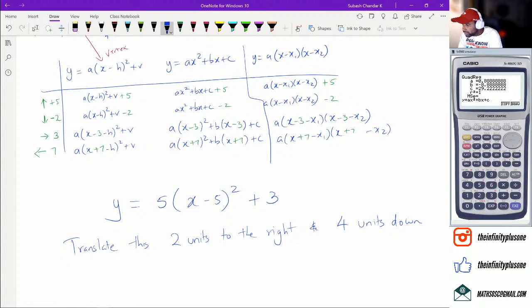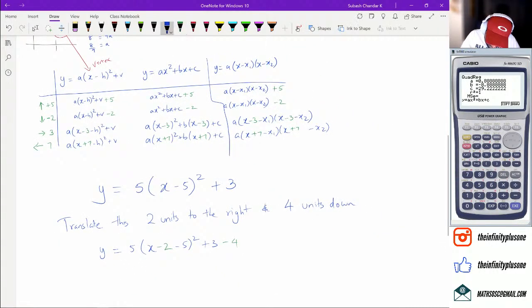All right, so I will quickly put this up. Because it's moving 2 units to the right, wherever x is, we're going to subtract 2, and we get minus 5 squared plus 3, and because it's shifting down by 4, we're going to go minus 4.